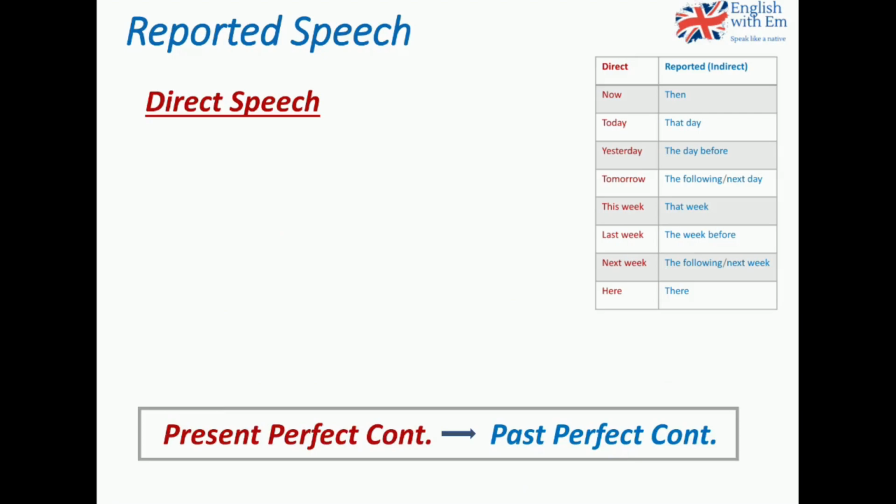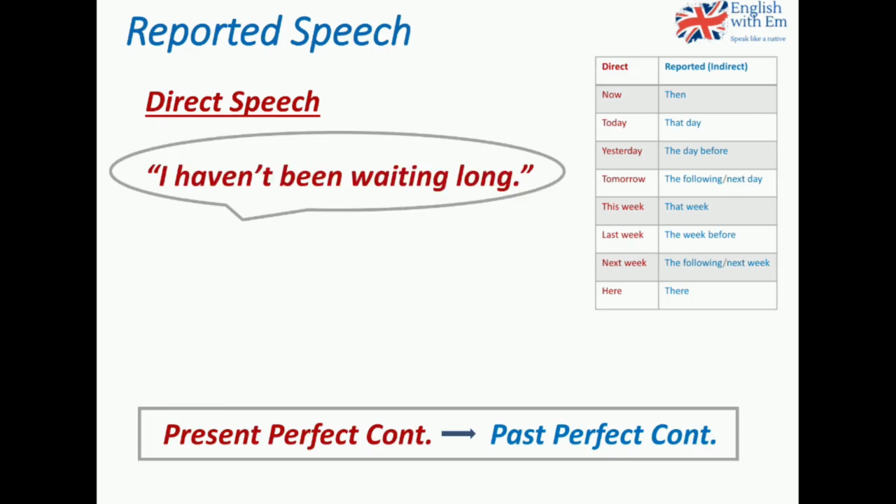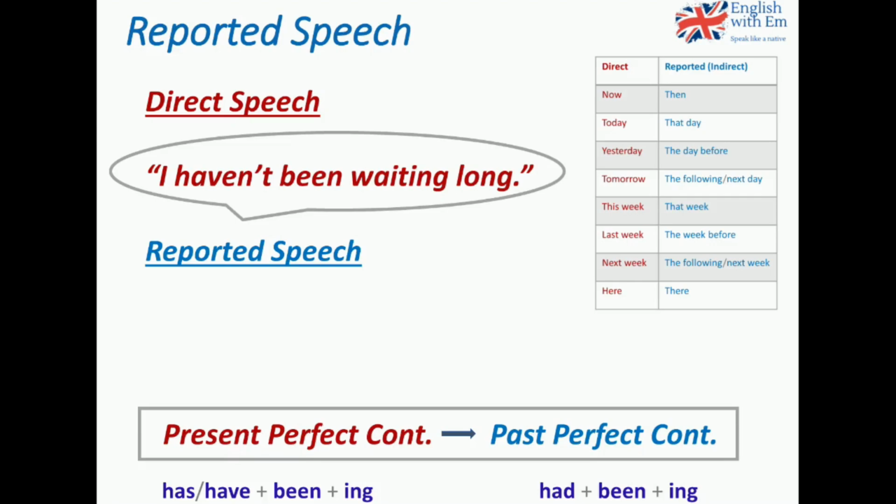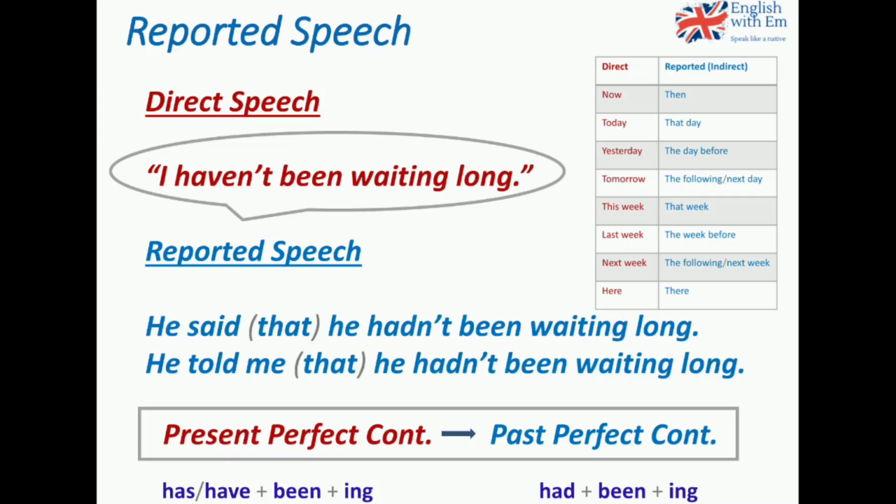Present perfect continuous. I haven't been waiting long. So here we've got has or have, followed by been, and then the verb with ing. Haven't been waiting. And we need to backshift this for reported speech to past perfect continuous, which is formed with had, been, and the verb with ing.